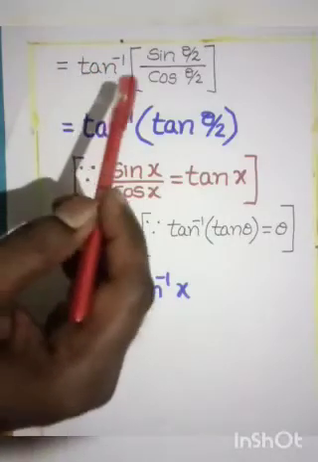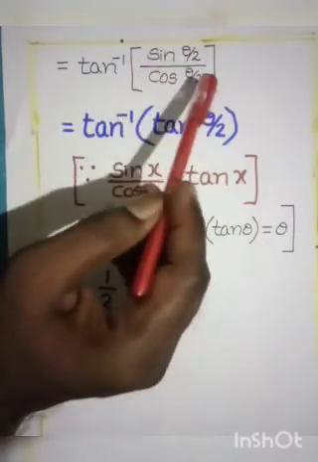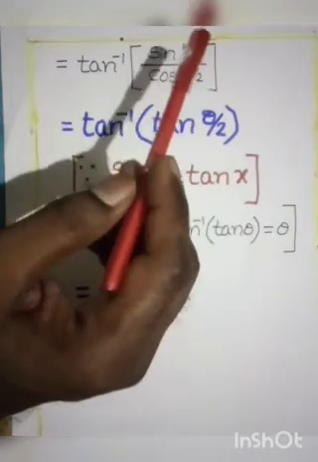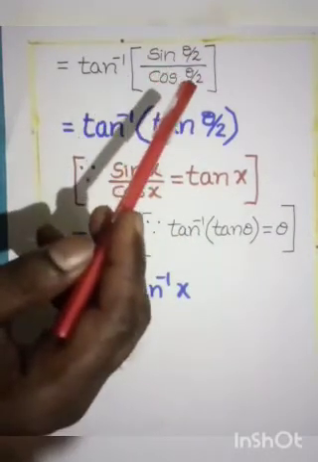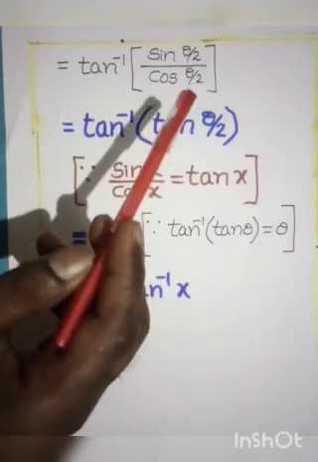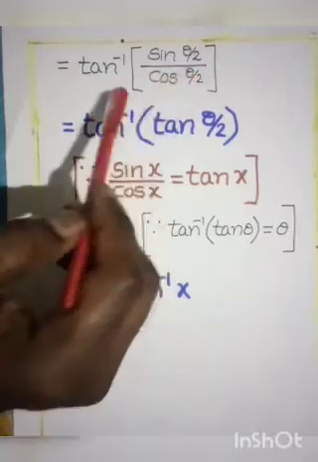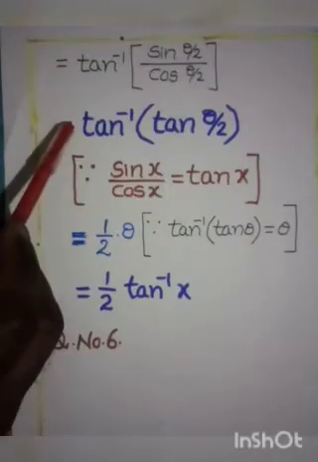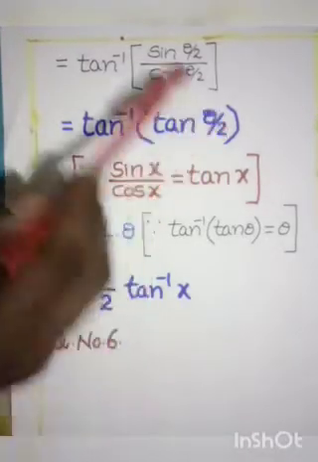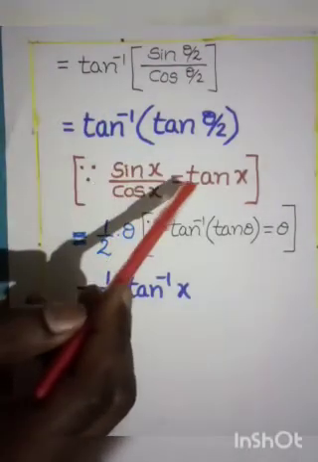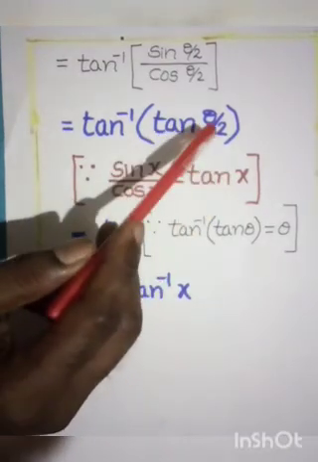That is equal to tan inverse of sin theta by 2 by cos theta by 2, by striking out 2 and 2, and sin theta by 2 in the numerator and denominator, we get this part. Understood this step, my dear children? That is equal to tan inverse of tan theta by 2, because sin x by cos x is equal to tan x. By using this formula, I wrote this step.